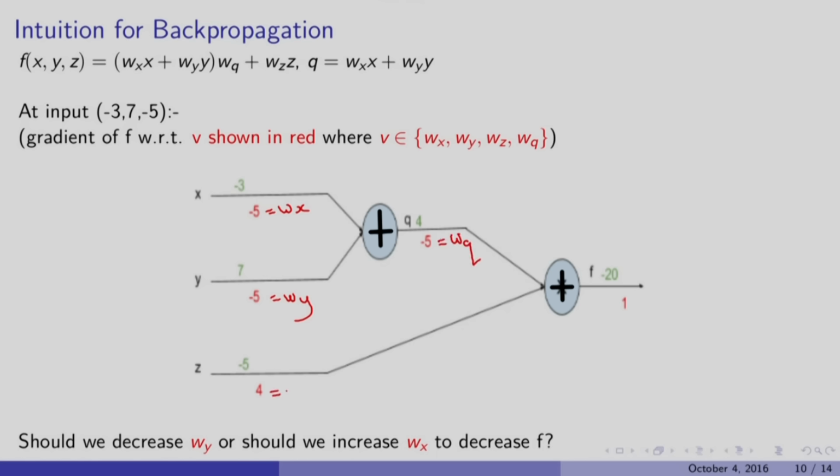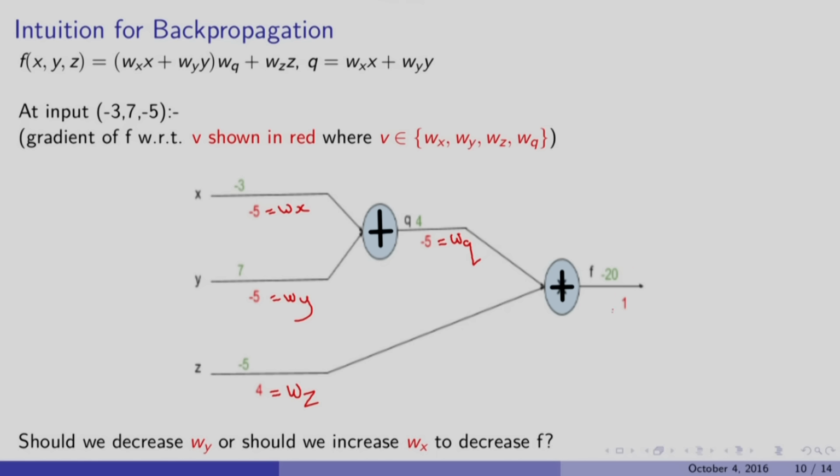There is a weight associated with the third input, wz for z, which gets summed in a weighted manner with q to give you the final prediction f. Now, how do you match the prediction f with the desired value?